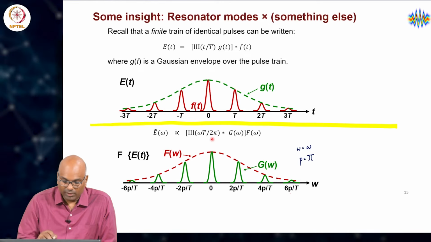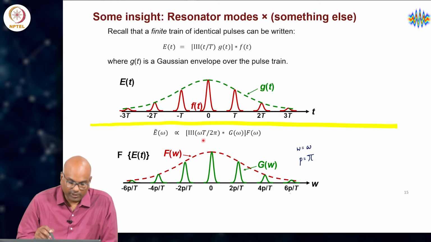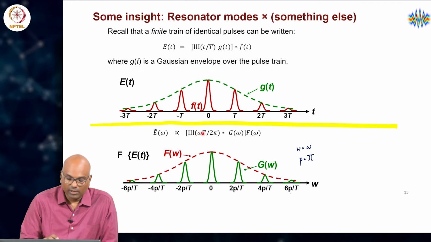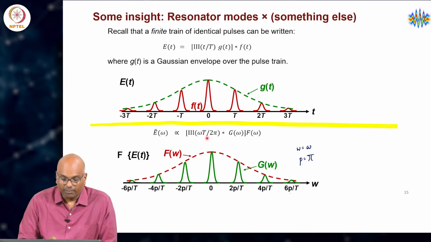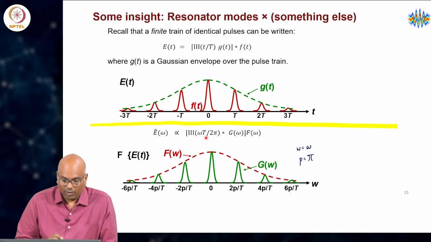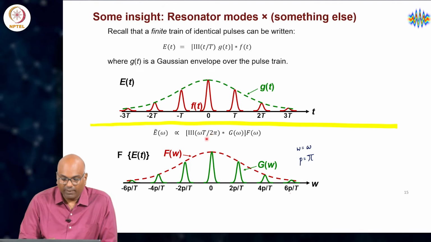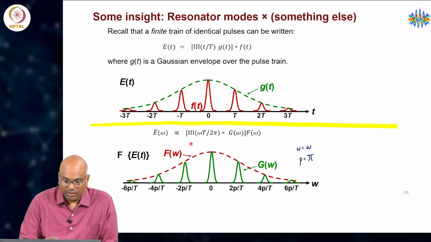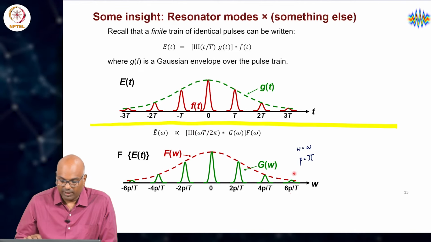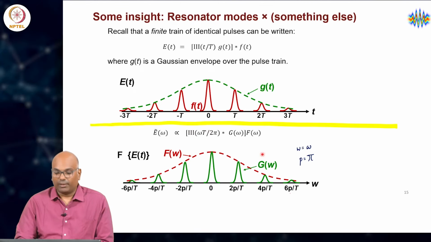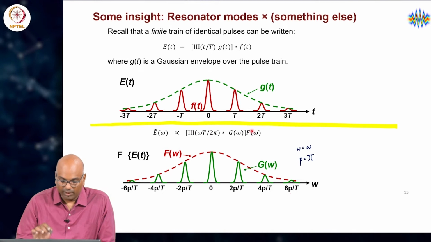G of omega is convolved with this function for the periodicity, the Shah function, or what I was calling the teeth function, written in terms of omega, the variable, divided by the periodicity of omega at which the peaks occur, which is integer multiples of 2 pi. So this is the function that brings about the periodicity in this spectrum, and it is multiplied by the envelope, which is f of omega over here.